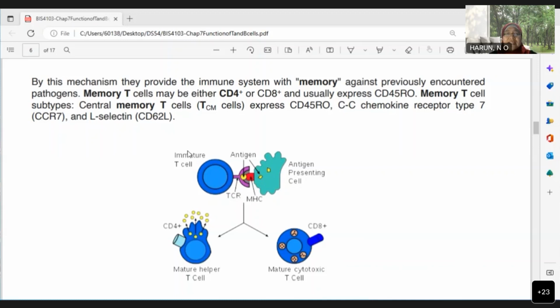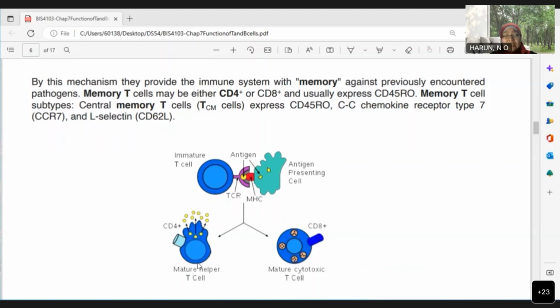So later these immature T cells will be activated, and from here it can be divided into either CD4 plus or CD8 plus. For the CD4 plus, they will become mature helper T cells.